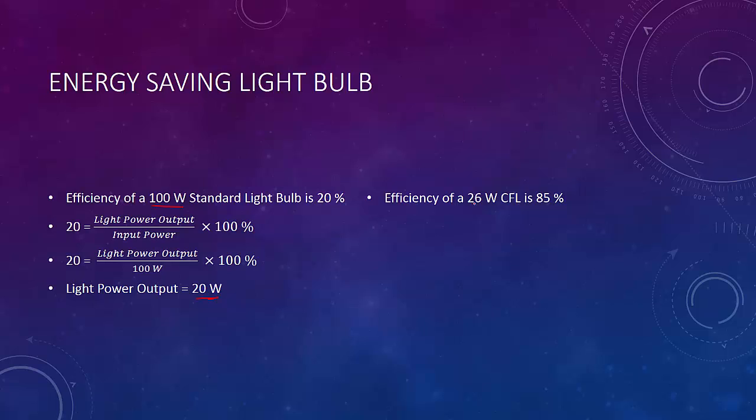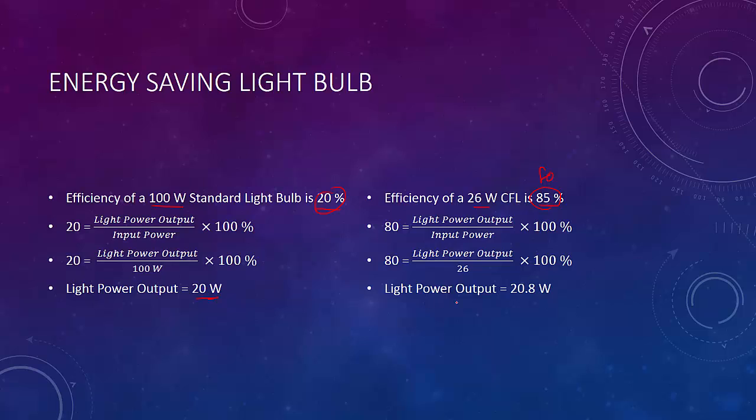But if the efficiency of this 26 watt energy saving light bulb is 85%, which is much higher if you do a comparison, then if we do the same calculation, 85% of 26 watts, you find that the light output power is actually 22.1 watts.